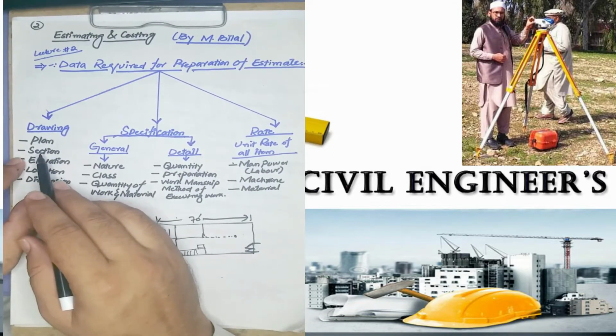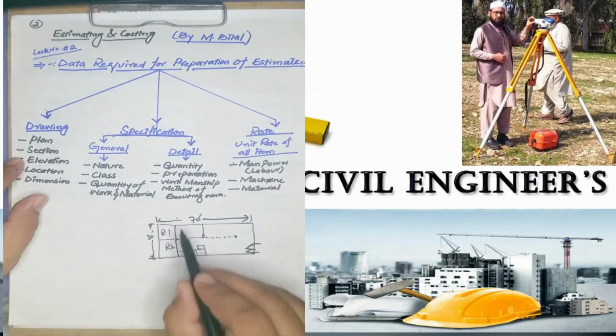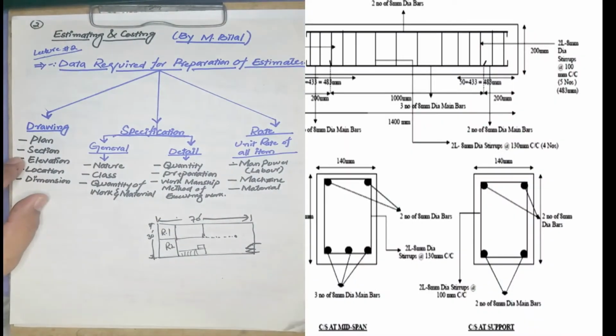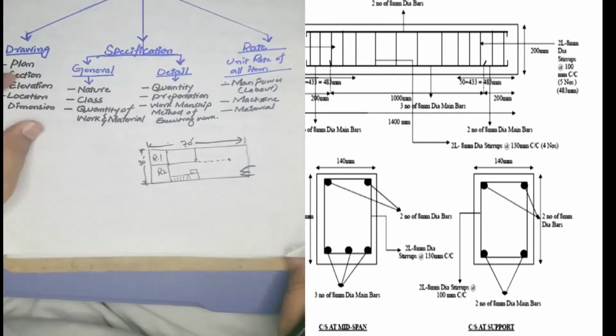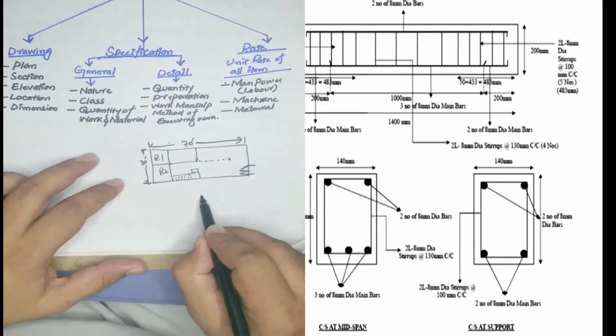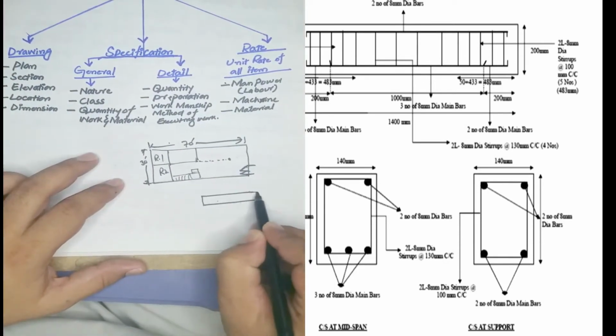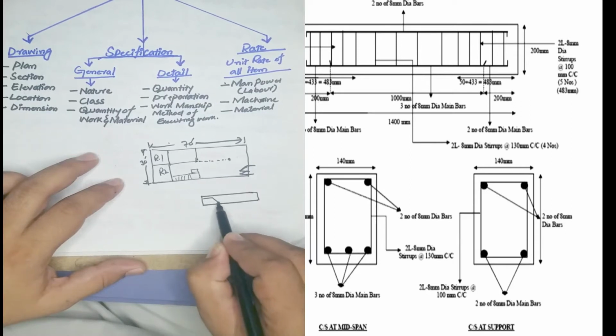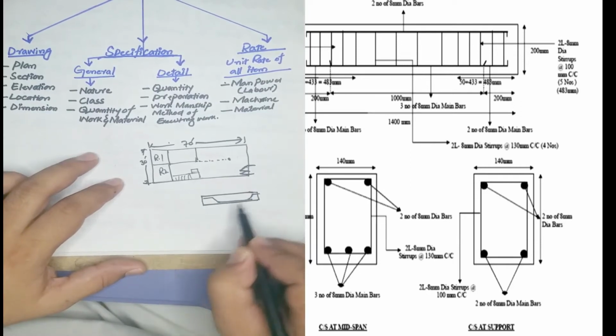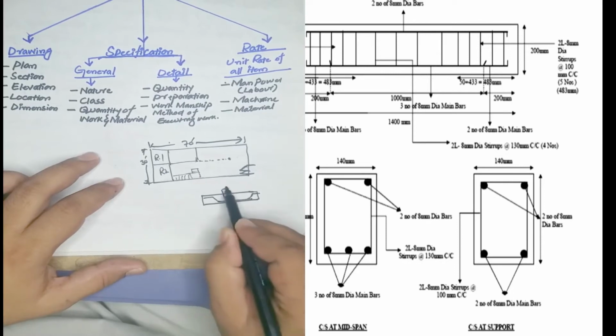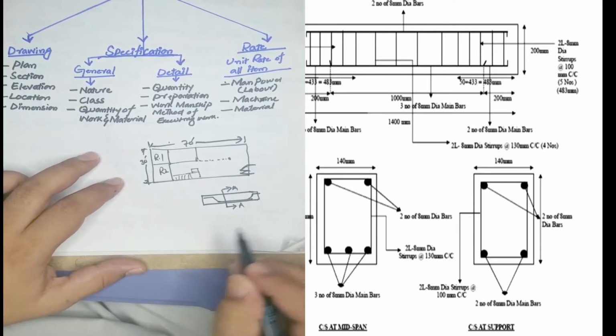The second one in drawing is the section. Let's suppose we need a section of a beam, a simple beam or lintel, section AA.